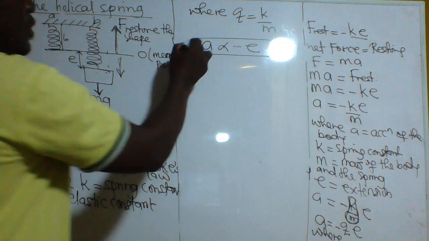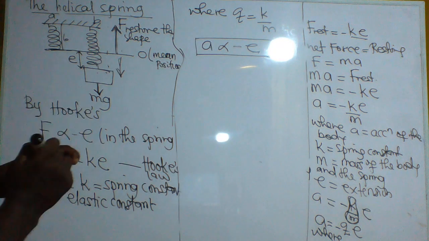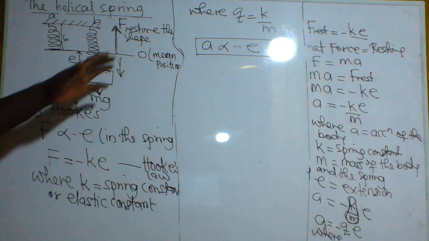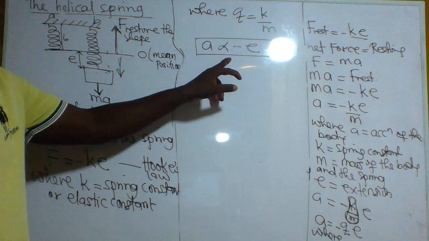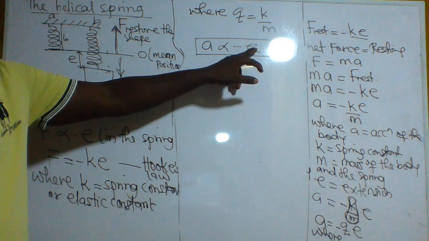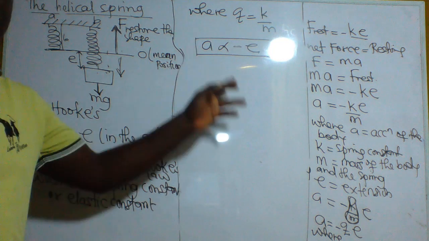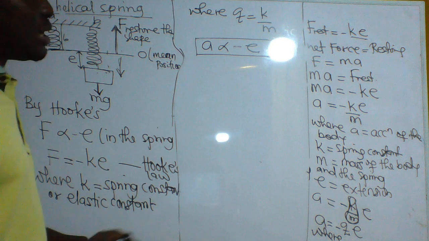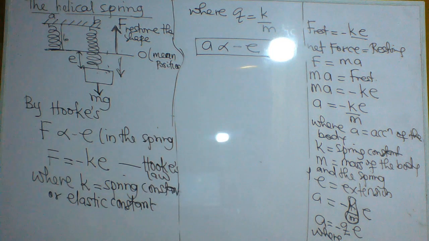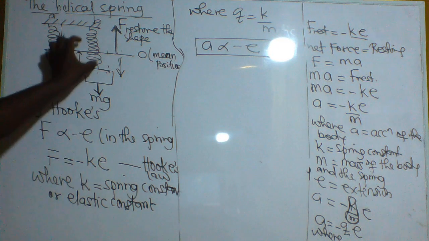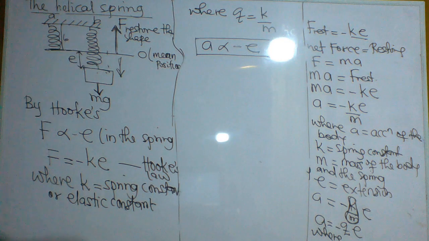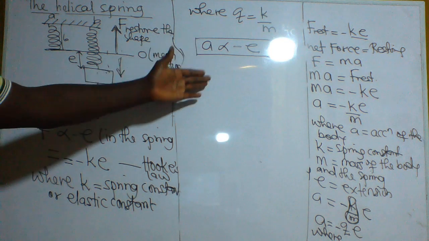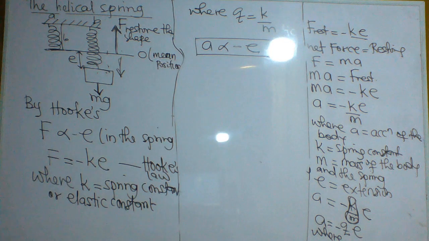So this is all that we are looking for: when a body is loaded, its acceleration must be directly proportional to the extension or the displacement, and the direction of the acceleration is always against the direction of the displacement in the spring. All right, so we've been able to prove that the motion of the loaded spring or the helical spring is simple harmonic by this important relation.